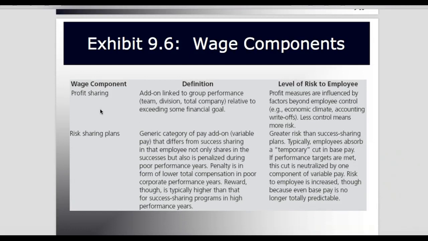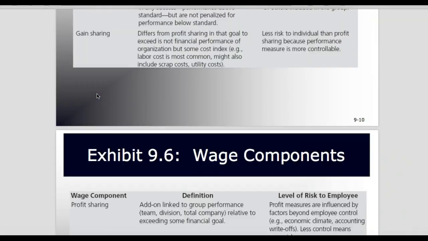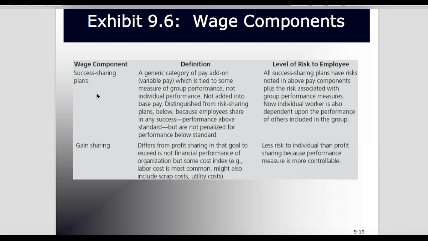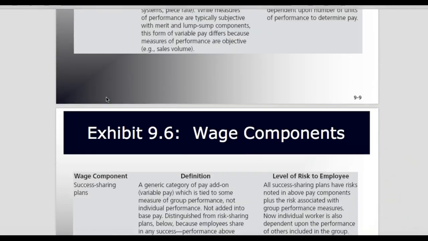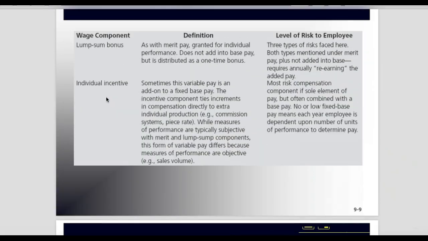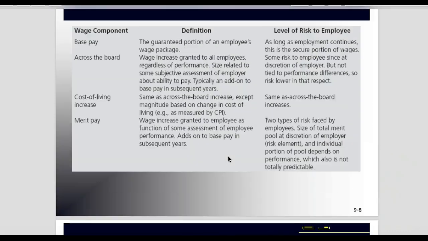So profit sharing, success sharing plans, arguing for your contributing. Individual incentive, probably the single easiest one to obtain, because your reward, your salary, or even a bonus is linked to this idea of measures of your performance. So that gives you some examples here.